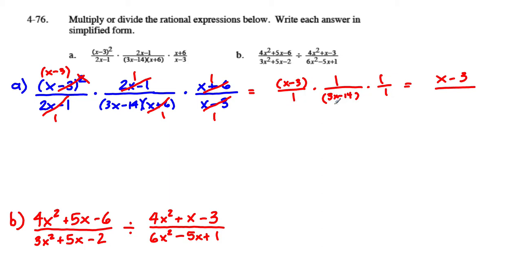And 1 times 3x minus 14 will give us 3x minus 14. These binomials are not the same. They cannot be reduced. Neither of them can be factored. So we're going to say here that this is going to be our most simplified answer for letter A.